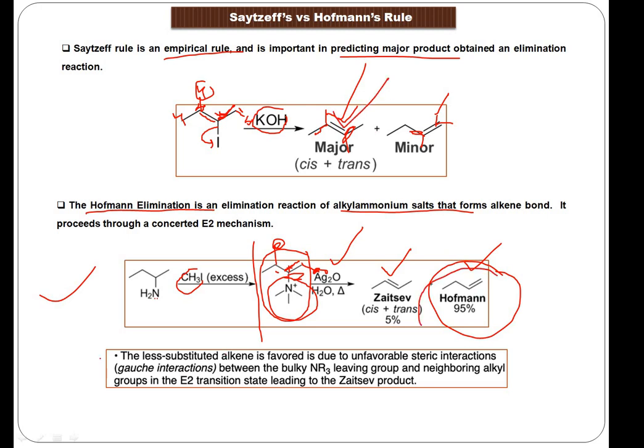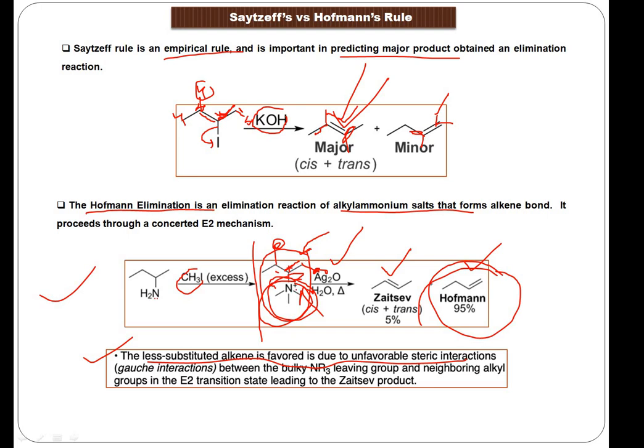We can read this line here: the least substituted alkene is favored due to unfavorable steric interaction. In this case, this group has to get removed and then a proton will be removed by the base. If the base approaches from this side, it has to face the steric interaction of this bulkier group. So it's easy for the base to come from this area, and then the proton gets removed from here.